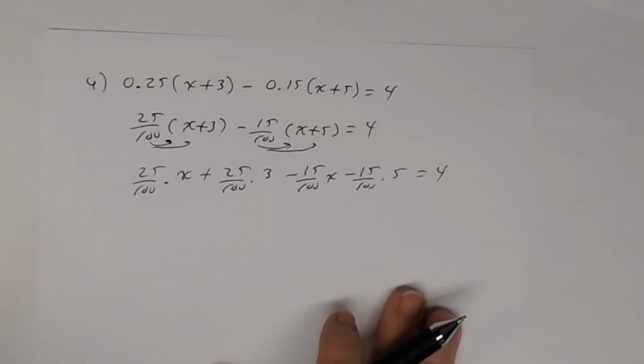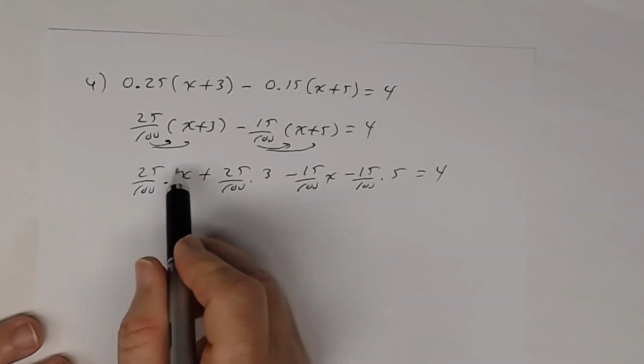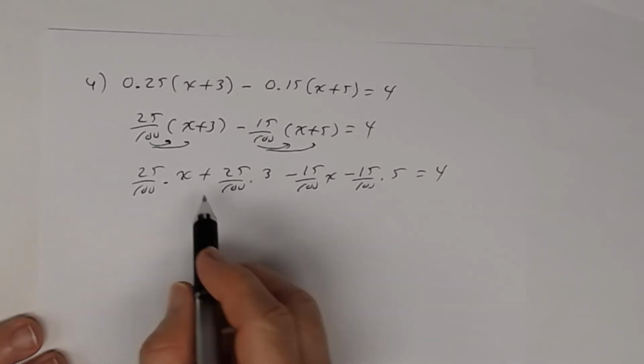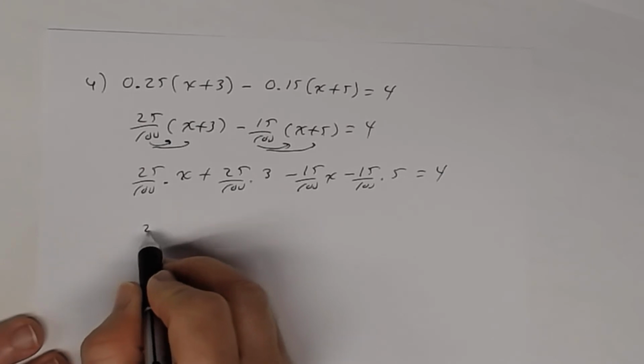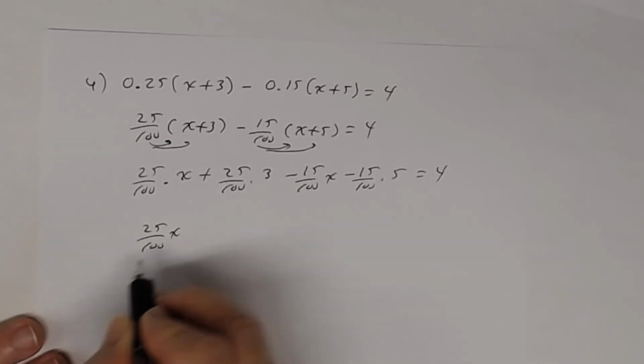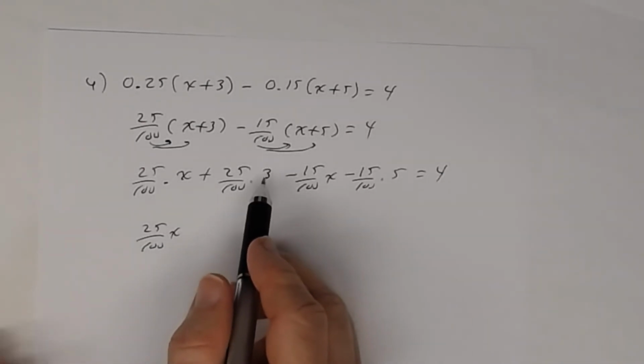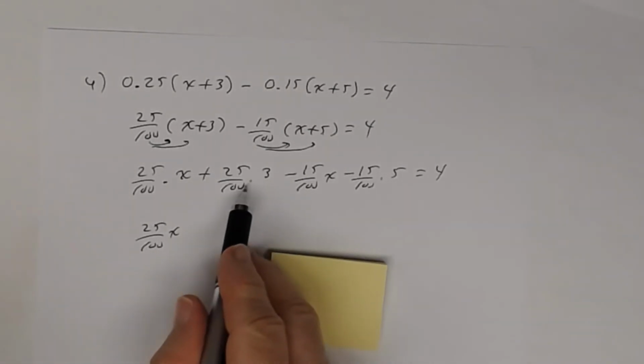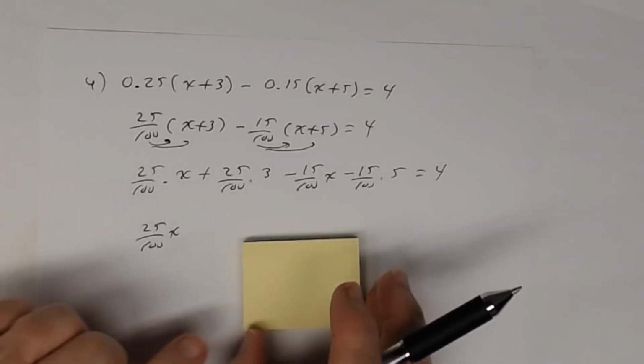Okay? All right, so this one's easy right here to write as a nice term. So 25 hundredths times x means 25 hundredths x, right? All right, over here, remember what that means. So 25 over 100, so don't let that simple product right here throw you off.